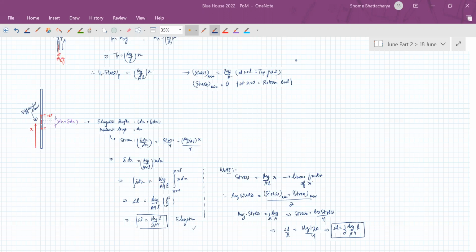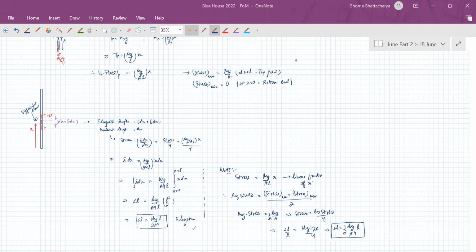Okay, this is done now. The average stress part is left. Let's write this down. Sir, whenever we need to find stress at any point, do we need to integrate or differentiate that formula?